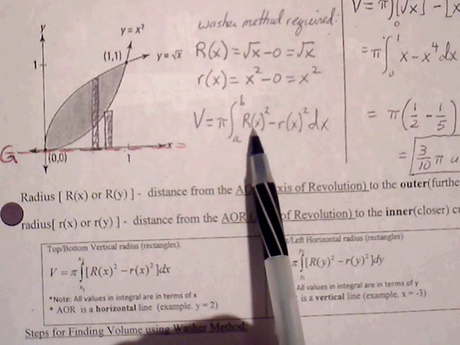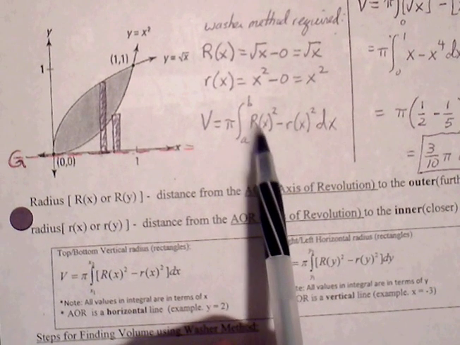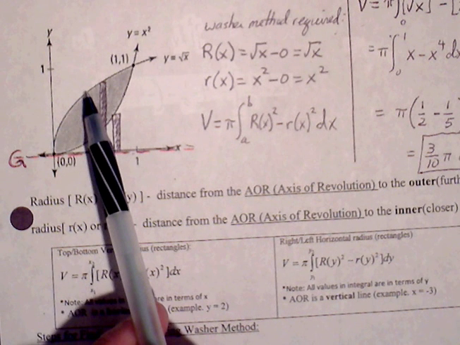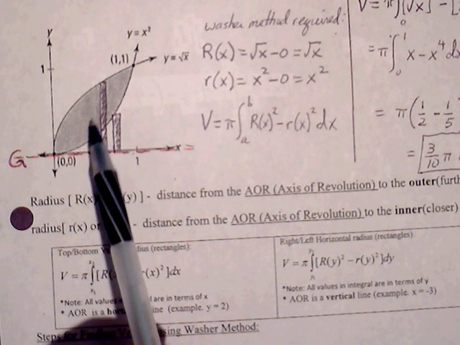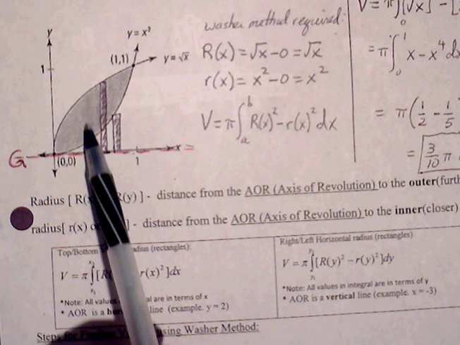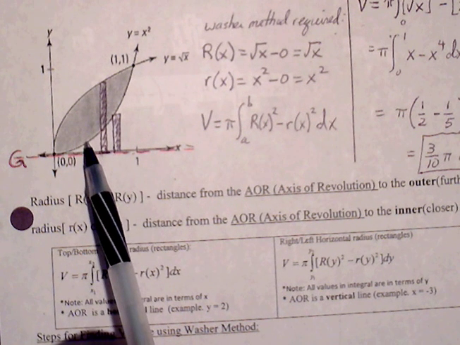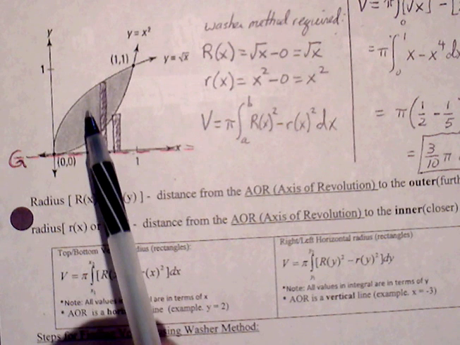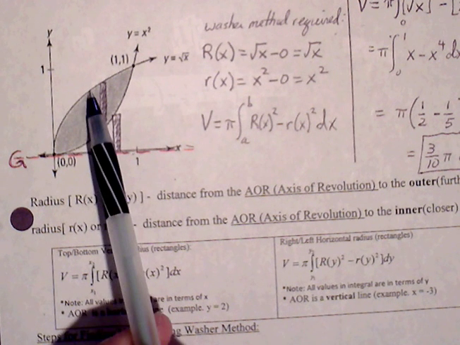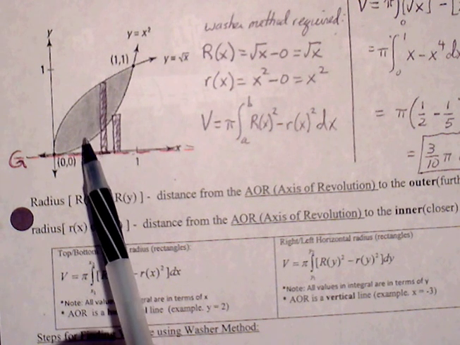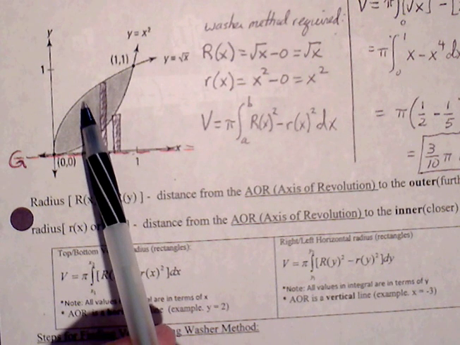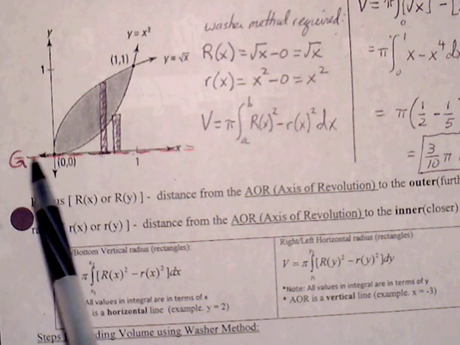Now, a common mistake that students make is that they want to draw a radius between these two curves. Okay, but the problem is if we draw a rectangle between these two curves, then that's no longer the radius, right? Because the radius has to include the center.